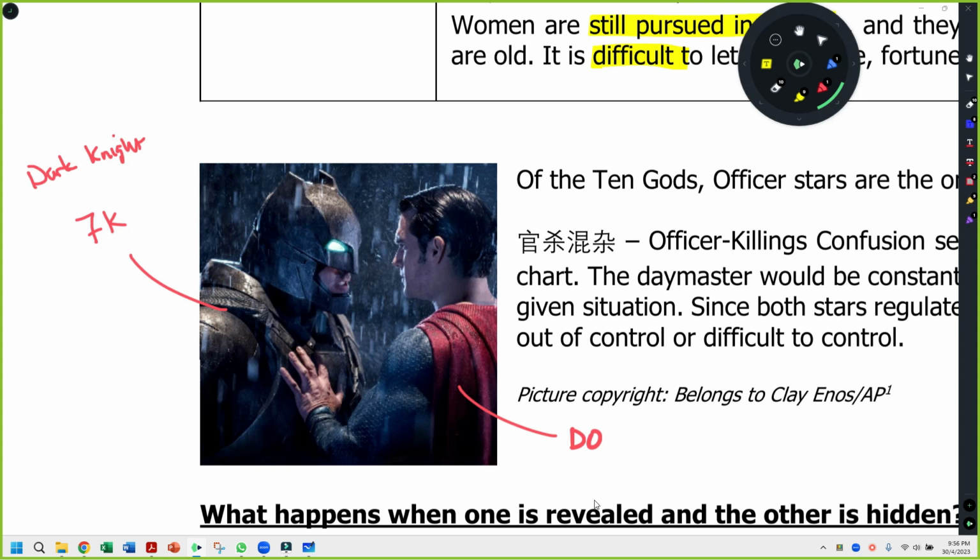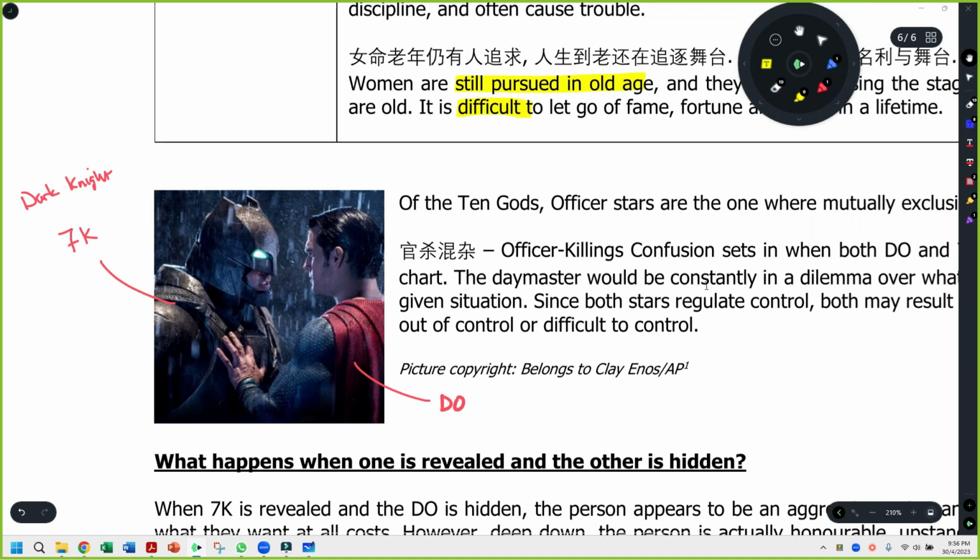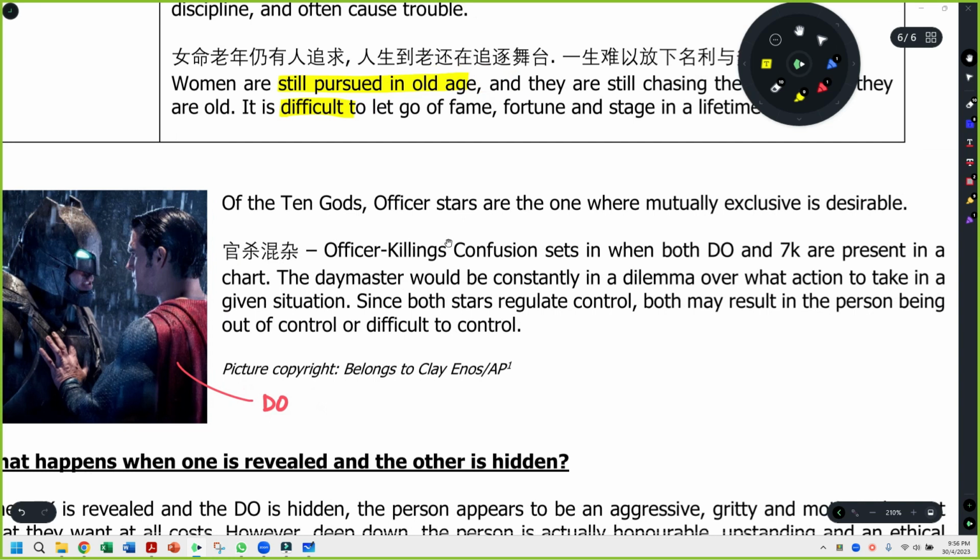But the representation here is Seven Killings doesn't like to see Direct Officer. These two officers, no good when you see both of them. Either one or the other. Don't let them have together. If you see them together, this is what we call confusion. So this is called officer killing confusion.